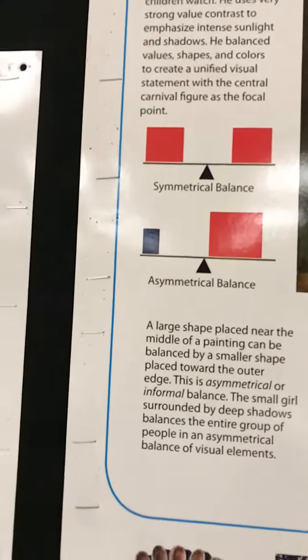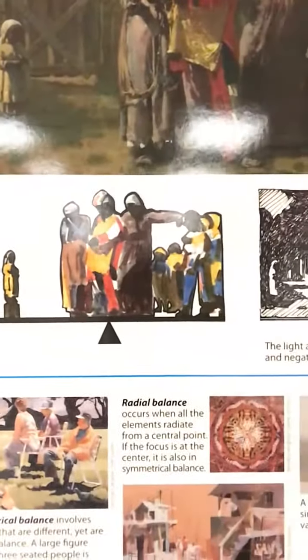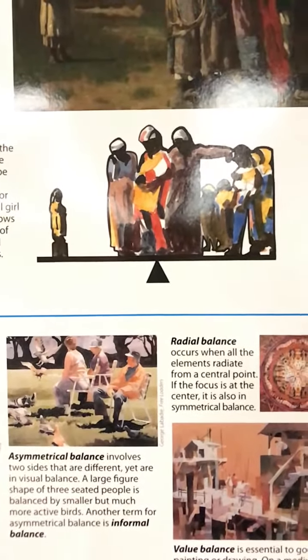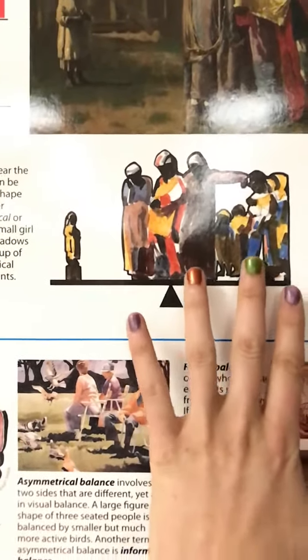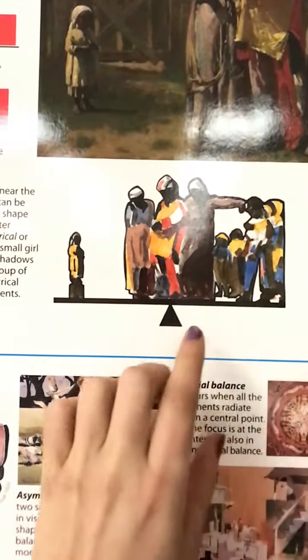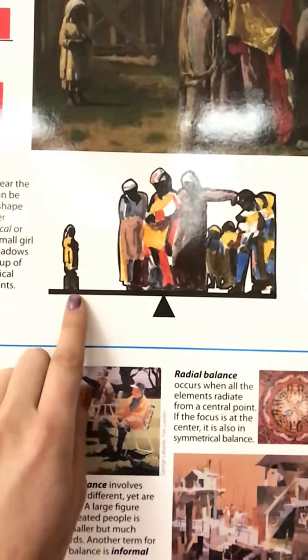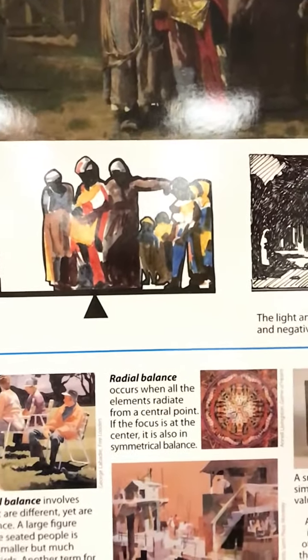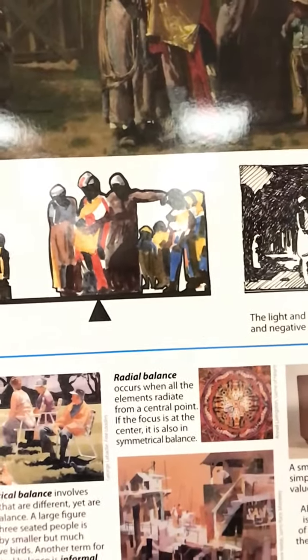If we apply this to a painting, here we go. There is our asymmetrical balance. Really, really heavy on this side, so we've actually spilled it over the center point, so this little guy doesn't go flying. Cool? You can create balance with a lot of things. You can use color, you can use shape, you can use size.